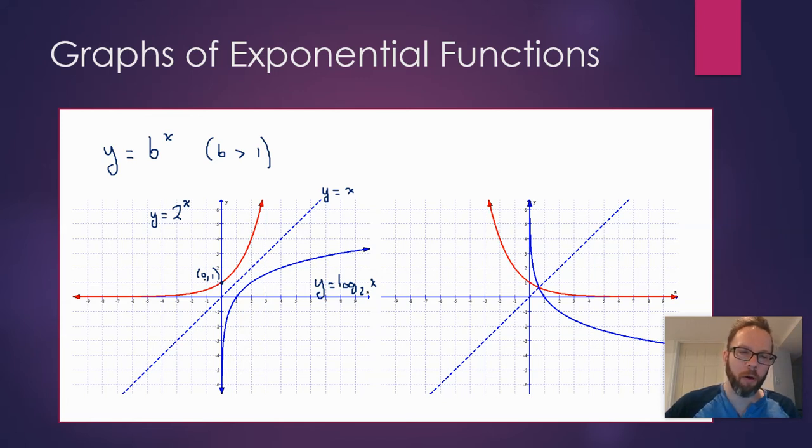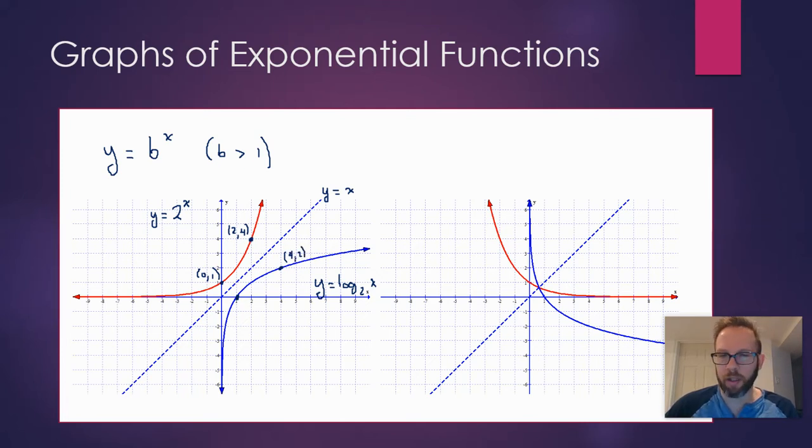So for example, the point (0, 1) is on 2 to the power of x, and if you flip the x and y values, you get (1, 0), which is on the inverse. The point (2, 4) is on the exponential function 2 to the power of x. That means the point (4, 2) will be on the graph of its inverse, log base 2 of x.